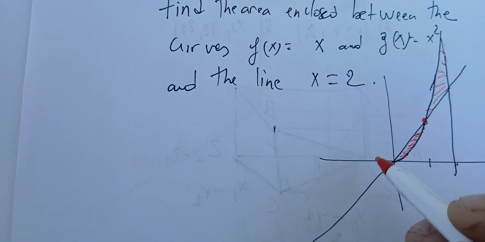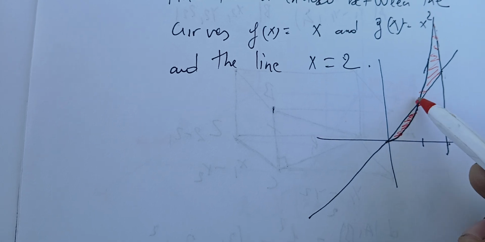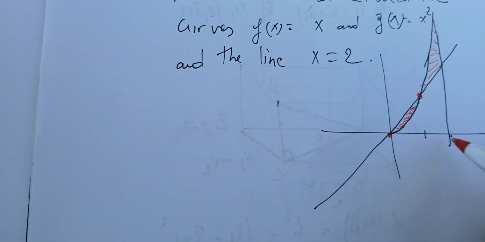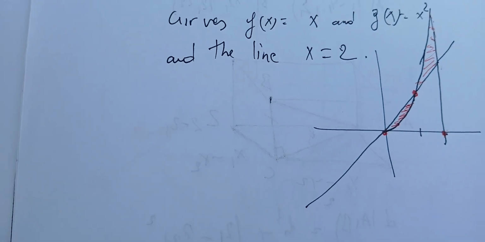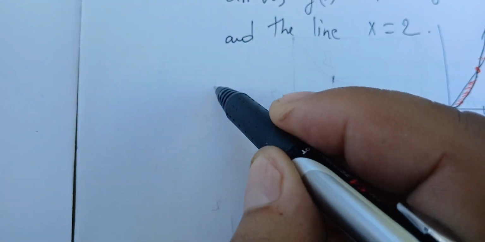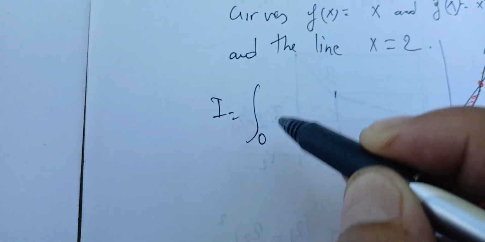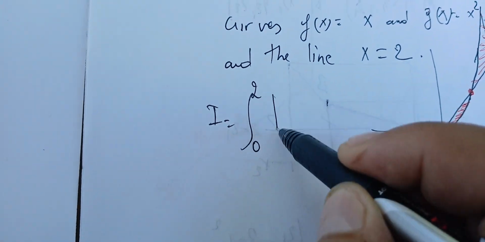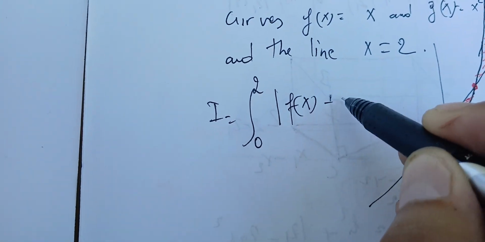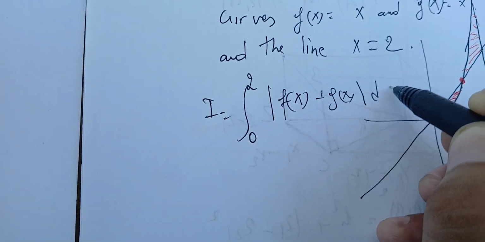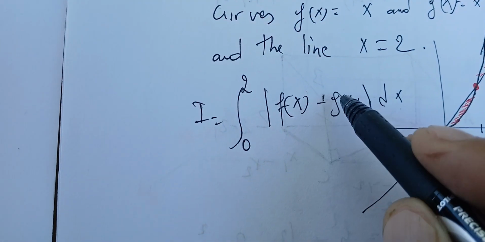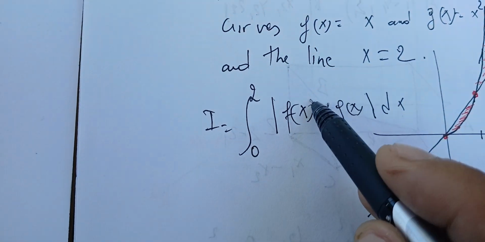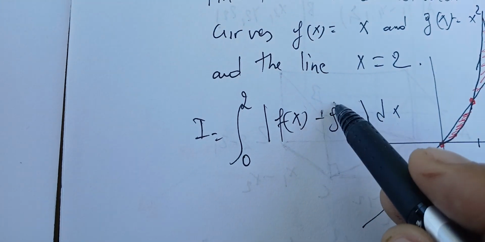So basically, we are trying to find the integral between 0 and 2 of the absolute value of f of x minus g of x dx, where we have to determine where these two functions are on top of each other.